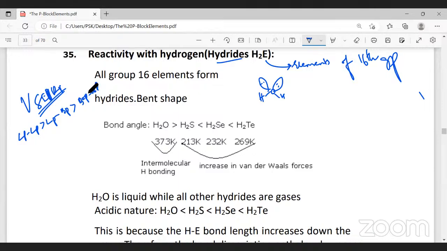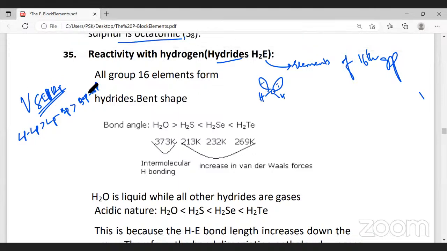We have learned it in the chemical bonding chapter. Therefore, even though the hybridization of oxygen is sp3 and the expected shape is tetrahedral, the shape changes to bent because of VSEPR theory. We can understand and justify.